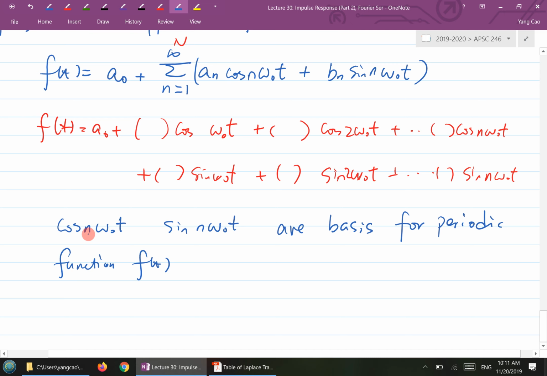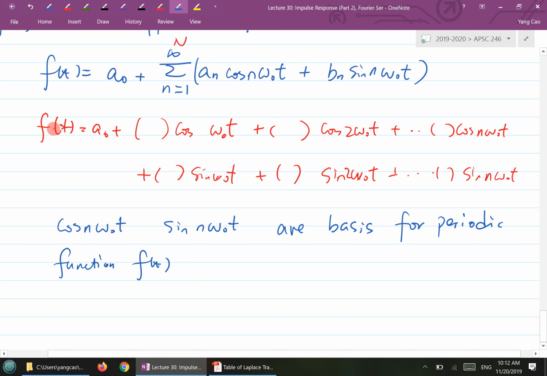So what we're going to do is study the significance of this. Actually, you can probably already see the significance, because you can literally use periodic functions, sine and cosine, to approximate any periodic function.